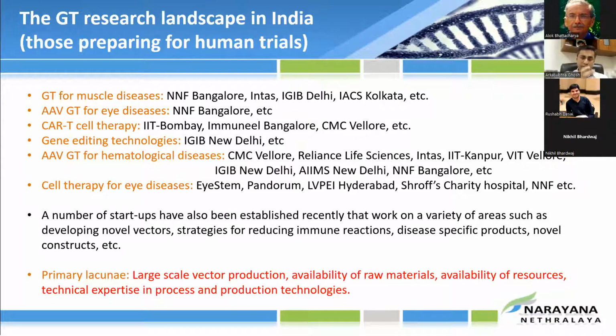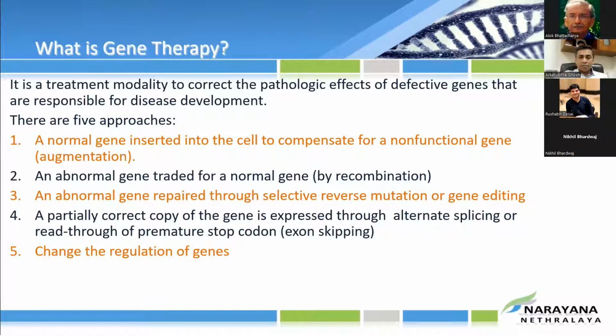So if you can build that ecosystem of availability of materials in India, availability of resources and technical processes, that would really help translate some of these interesting in-lab results to clinical trials.